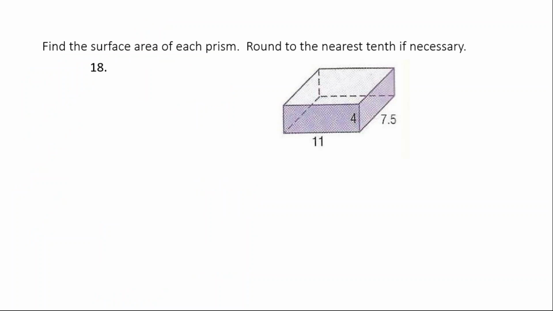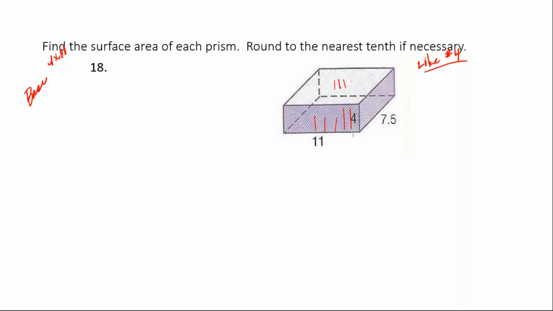Number 18. This one was like number 4. I'm going to do it at 1, but it gives you an idea. I'm using probably this one. This one is my bases. My bases are 4 by 11.